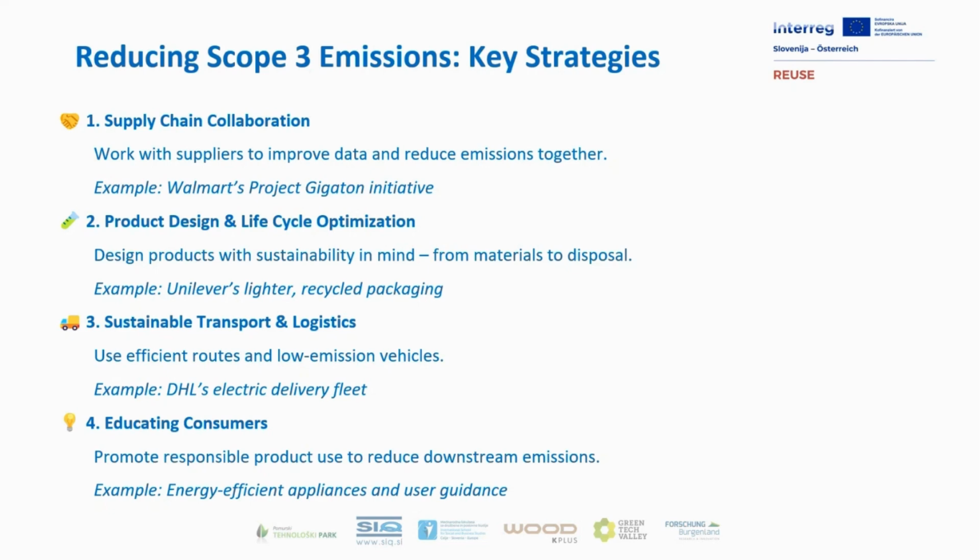These small changes at the design stage can lead to significant emissions reduction over the full life cycle of the product. Third, sustainable transport and logistics. Transportation is a major part of Scope 3 emissions, especially in global supply chains.